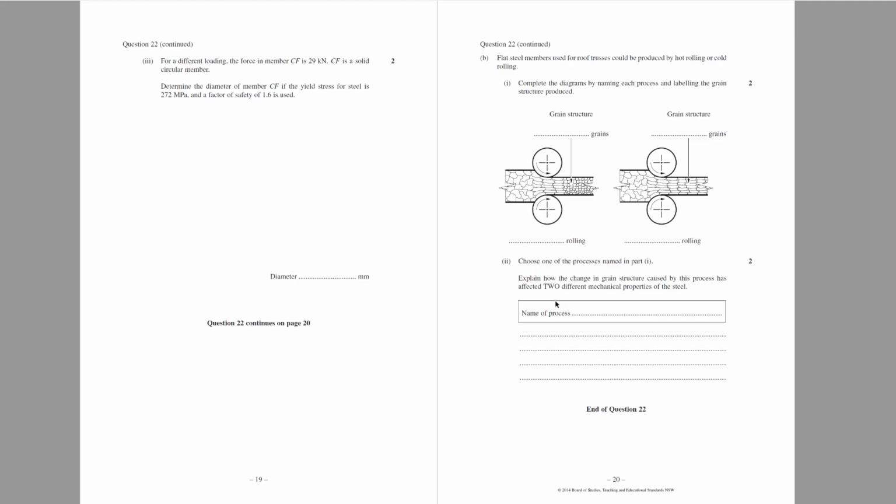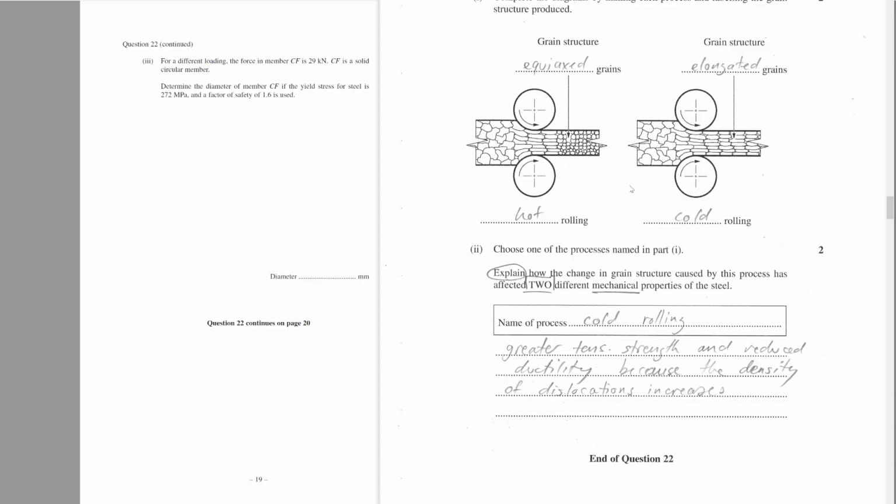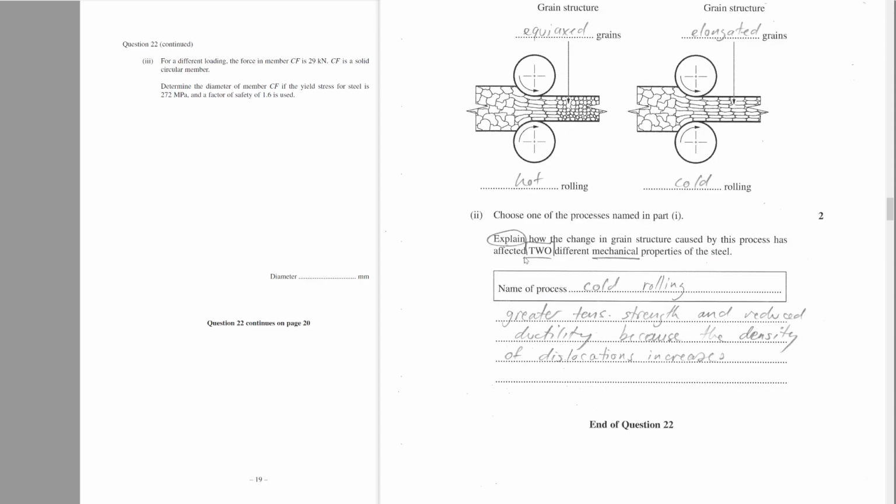Which one are we going to talk about? You can talk about hot or cold rolling. Okay, elongated, so we're cubing it. We're saying explain, and explain is how or why. How the change in grain structure has affected two different mechanical properties. So I'm underlining that to stress that it's mechanical properties.